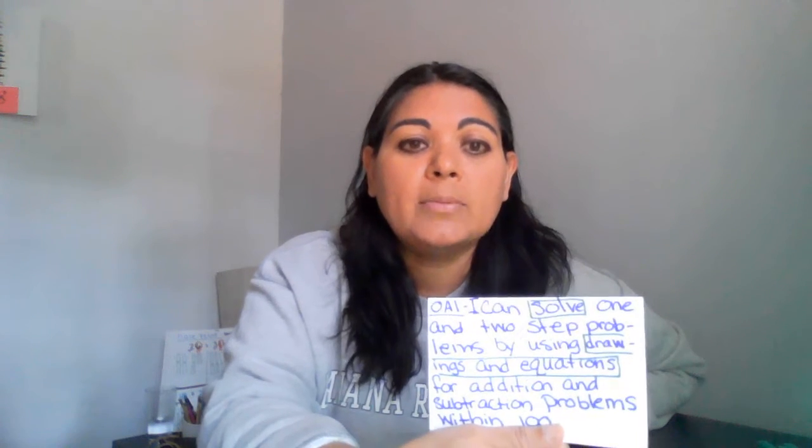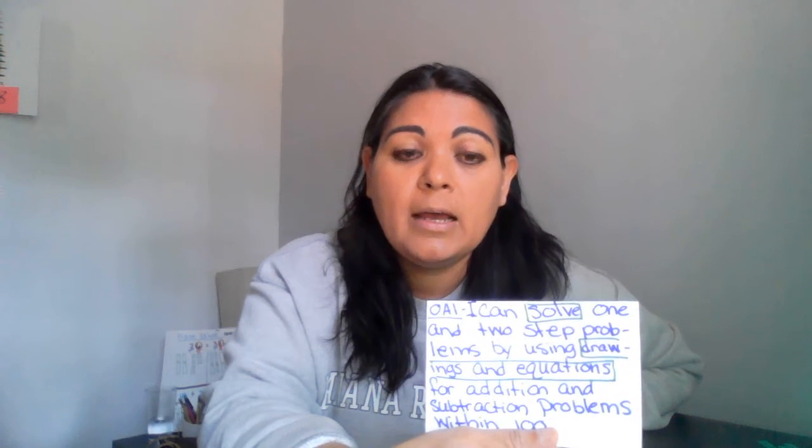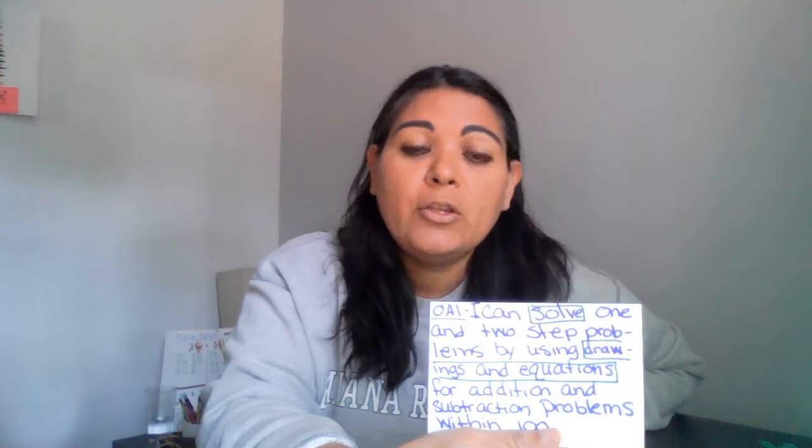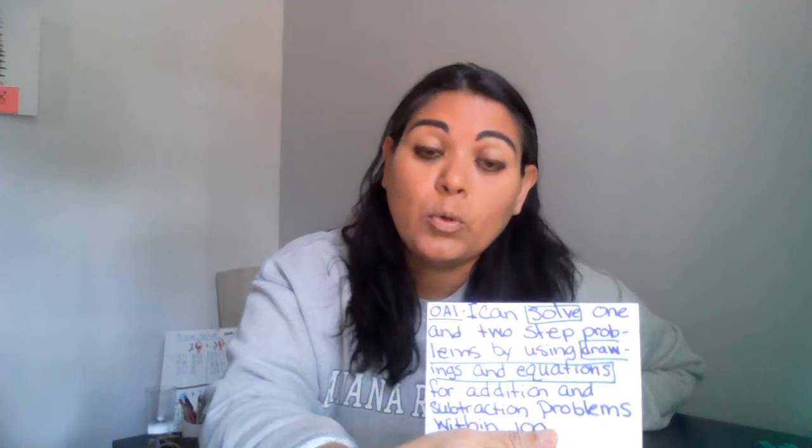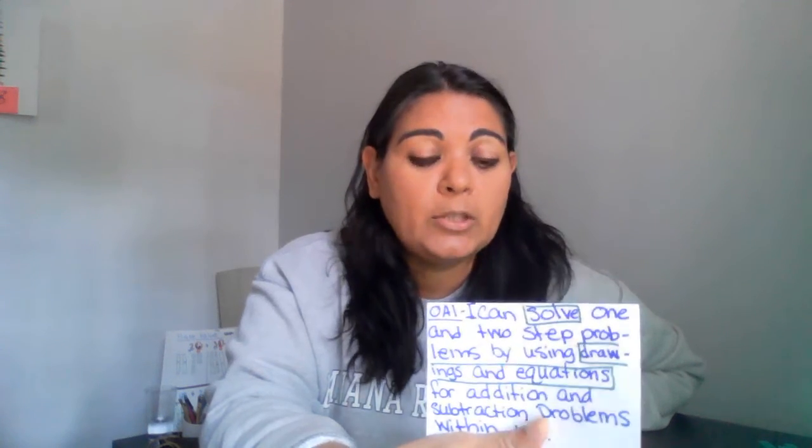You're going to be working your problems out to find the correct response to the question. And then you're going to be using drawings and equations to solve word problems within 100. I know you all love going above 100 to even 1,000, but let's stay within 100, okay?